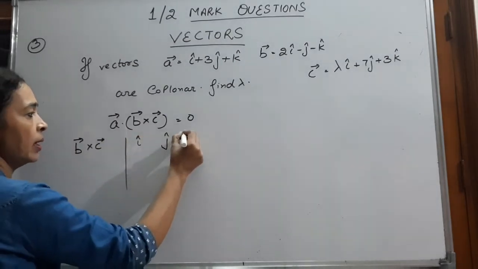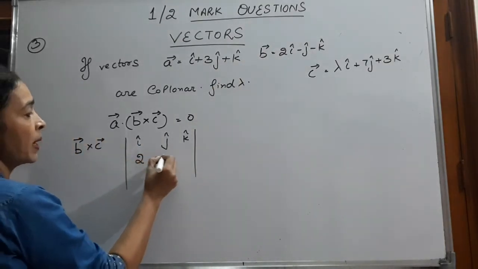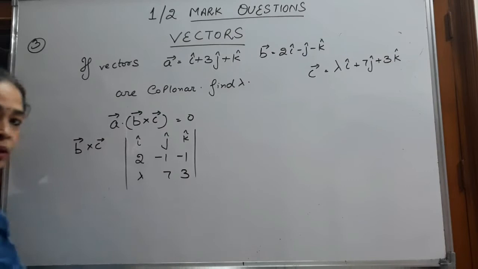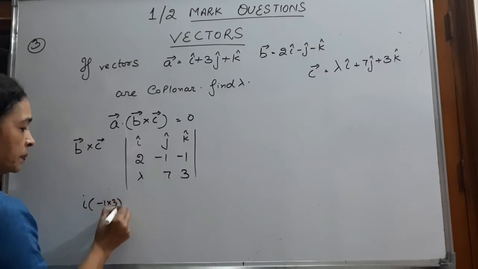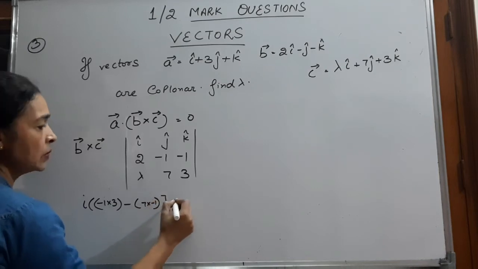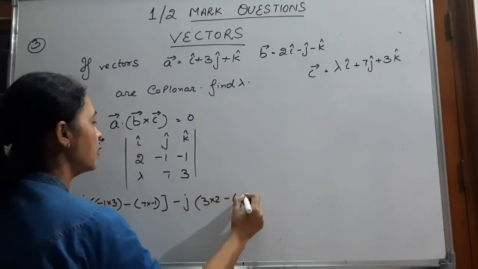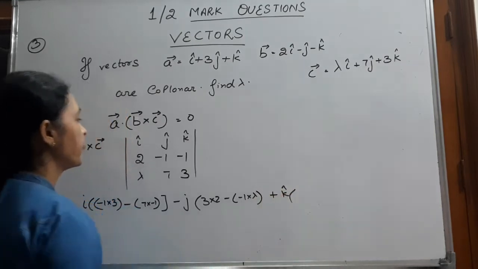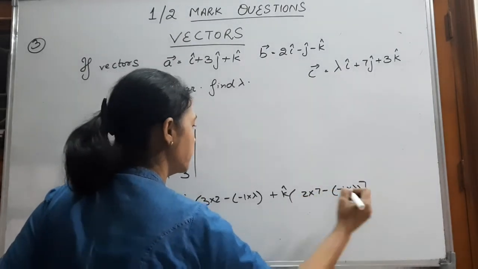i, j, k. Vector B has components 2, minus 1, minus 1. Vector C, we have lambda, 7 and 3. What is B cross C? i into minus 1 into 3 minus 7 into minus 1, minus j, 3 into 2 minus 1 into lambda, plus k, 7 into 2 minus 1 into lambda.